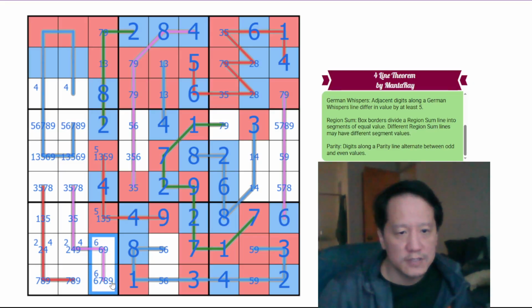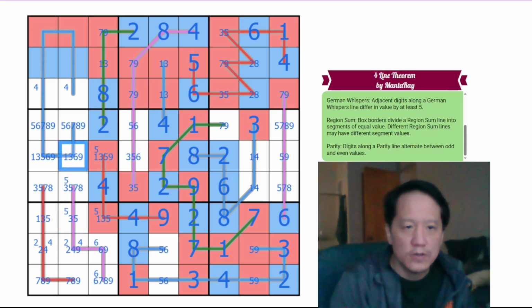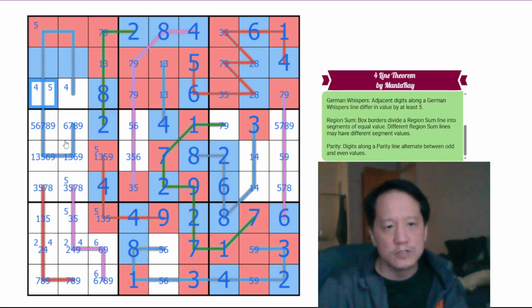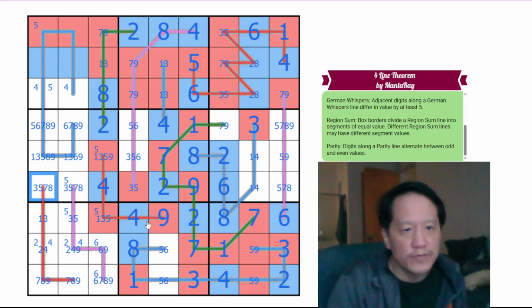If we have a 6 here, we need a 5 here. So that eliminates 5 in the rest of the column. So no 5 here, no 5 here, no 5 here. That means where's 5 in box 1? It has to be one of these two digits, which eliminates 5 in the rest of the column. So this can't be 5, this can't be 5.